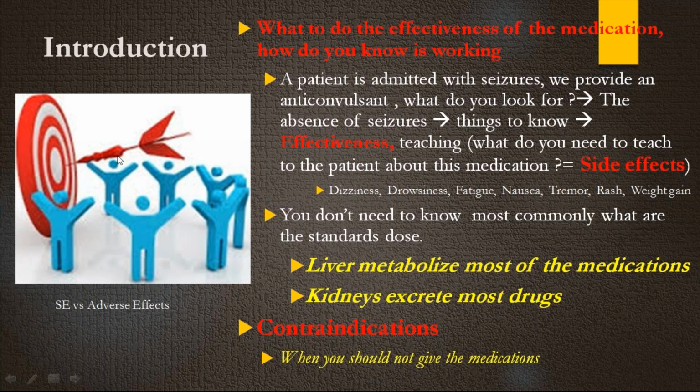The other substance or element that you cannot give to a patient who has kidney failure or kidney problems at all is magnesium. Magnesium is mostly eliminated by the kidney. So if the kidney is not working, what is going to happen? Hypermagnesemia, so high levels of magnesium. And high levels of magnesium is a depressor.